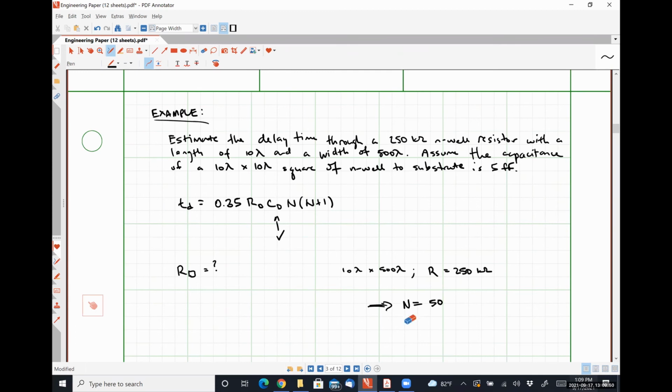Which means R square ostensibly would be 250 kiloohm divided by N of 50, which is 5 kiloohms per square. Seem reasonable?